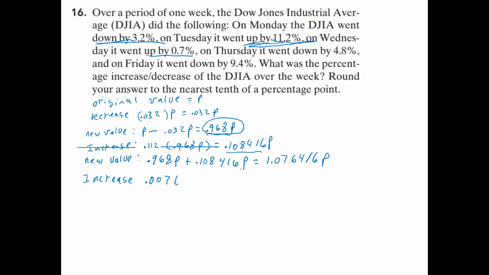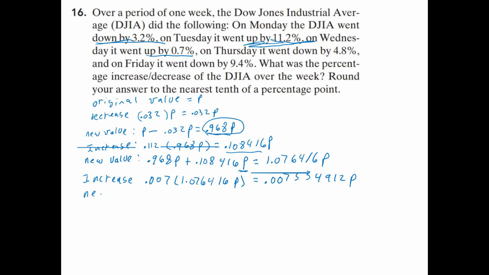Don't forget the P. We're combining, so there should be a P there: 1.076416P. And we get 0.007534912P.